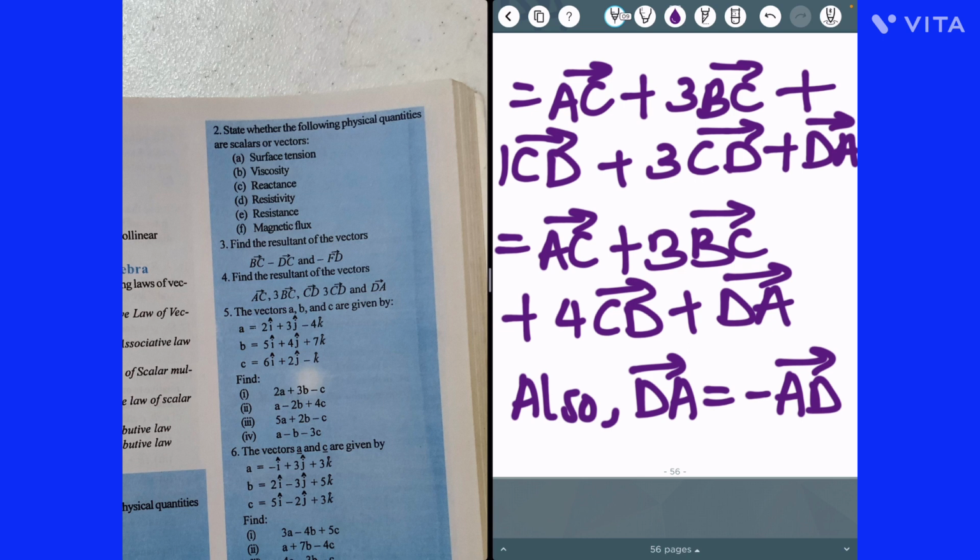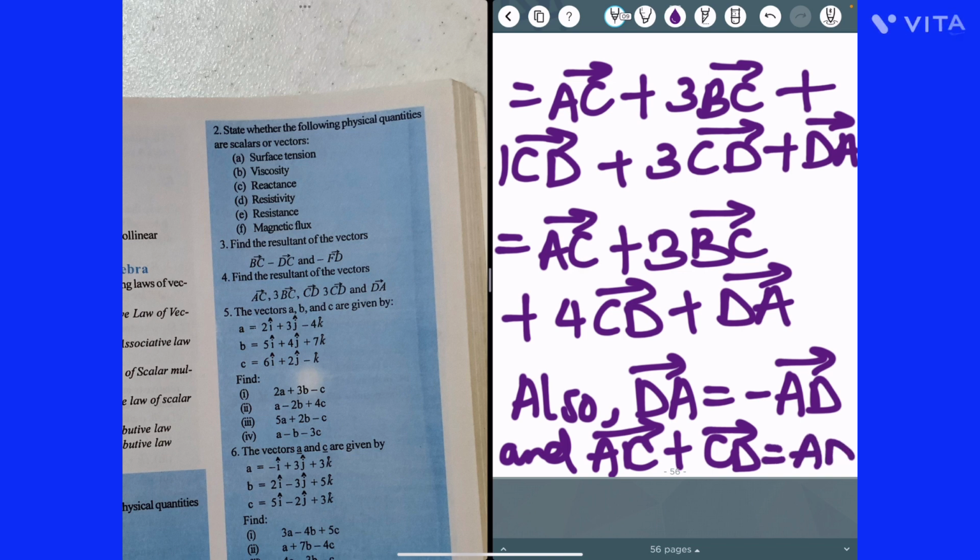Also, take note of this addition here. In the same way, AC plus CD is equal to AD. So from here, I can now change anywhere I have AC and 4CD, I will change it to AD.